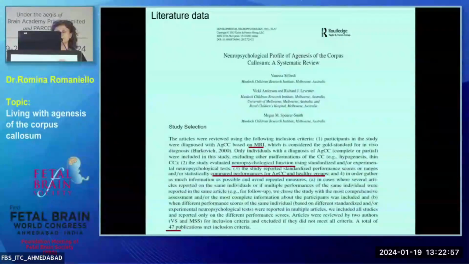But what does the literature tell us? Several studies have focused on the neuropsychological profile in agenesis of corpus callosum subjects. This is a systematic review performed by Vanessa Siffredi in 2013. This is a meta-analysis of 47 publications.